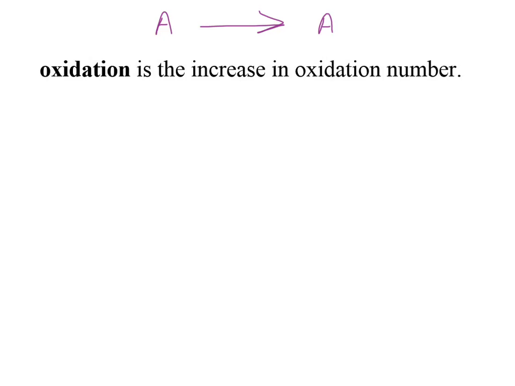An example of an oxidation would be if something goes from 0 to +1. Okay, A is being oxidized. Oxidation, increase in oxidation number. Another example is if something goes from, I'll just switch colors here, like a -3 to a 0. Okay, you see where that's oxidation? So oxidation is basically that same atom on either side of the reaction arrow increasing its oxidation number.